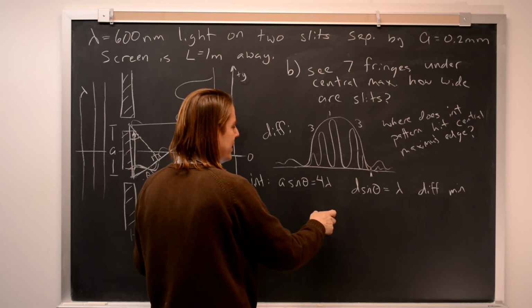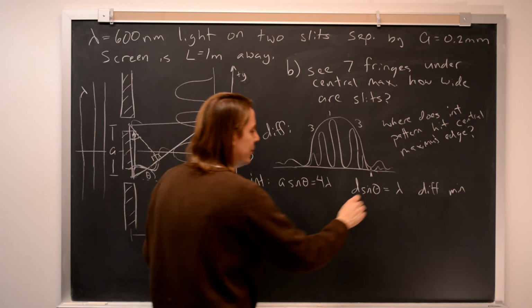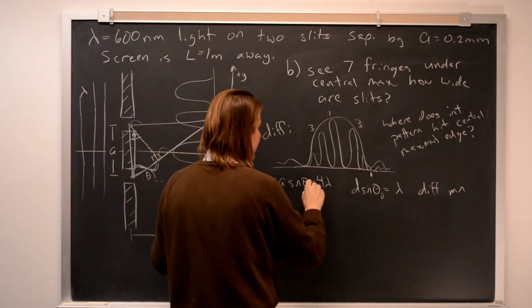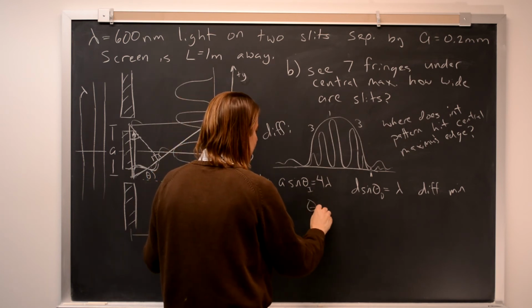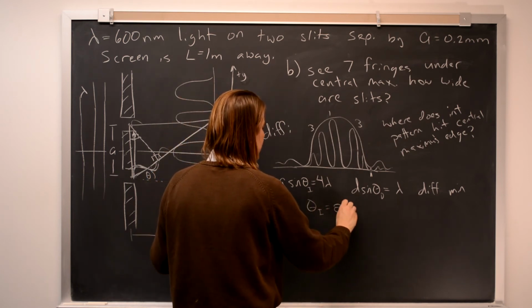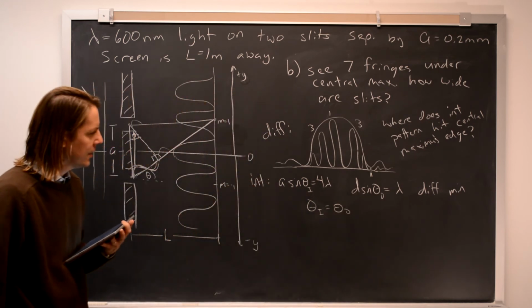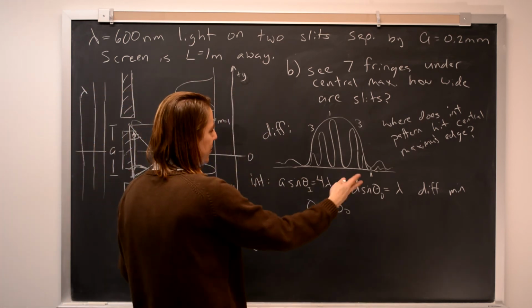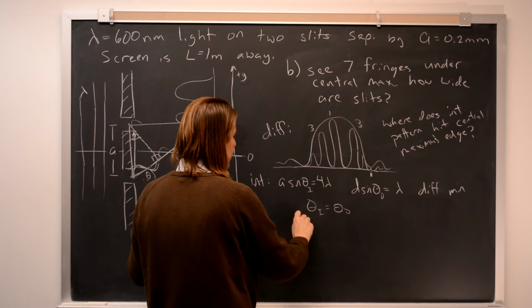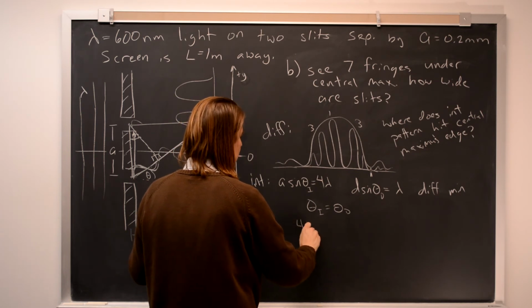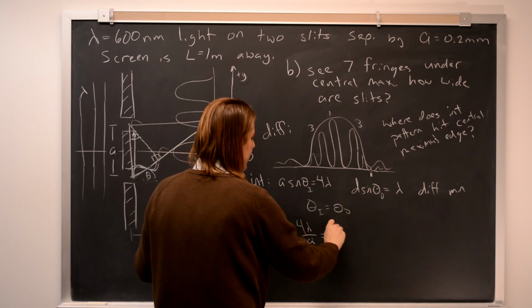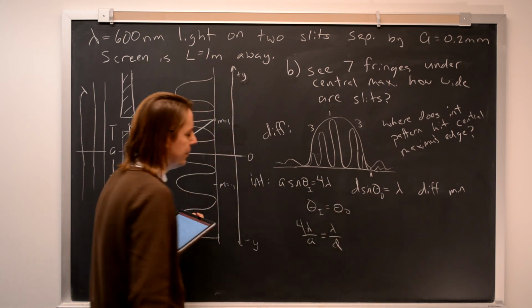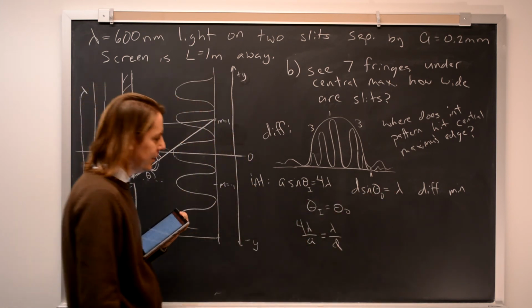So it's really this equation. What we're doing is we're setting these thetas equal. This was the diffraction theta. This was the interference angle, but we're saying let's make them the same. Theta interference equals theta diffraction. So they're both sines, so all we got to do is say 4 lambda over A equals lambda over D. And it's the same lambda, right?